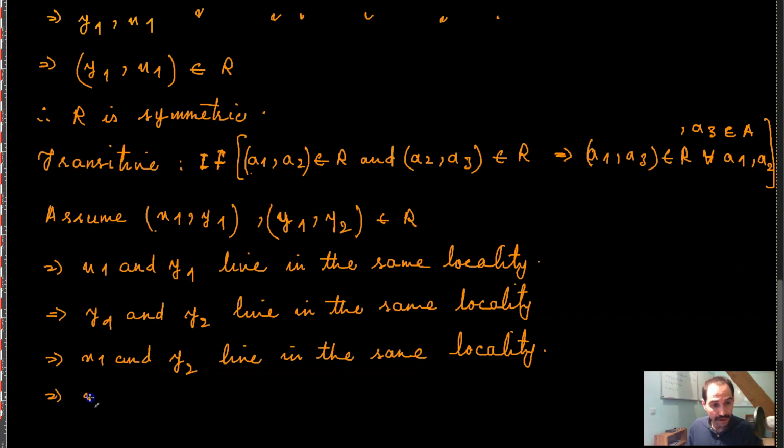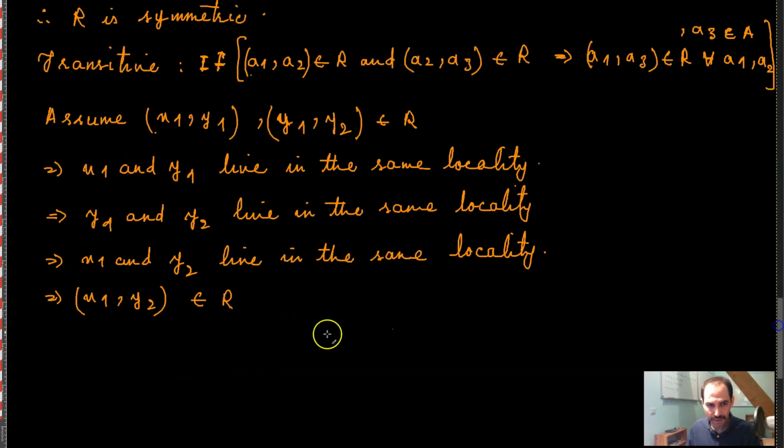Which means that (x1, y2) belongs to R. So we have assumed that (x1, y1) and (y1, y2) belong to R, and we have proved that (x1, y2) belongs to R, which means that R is transitive.